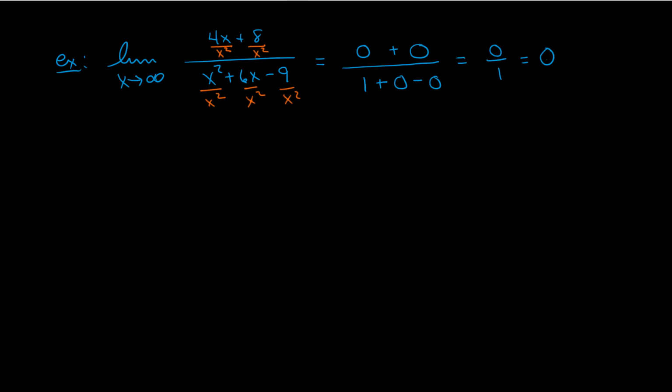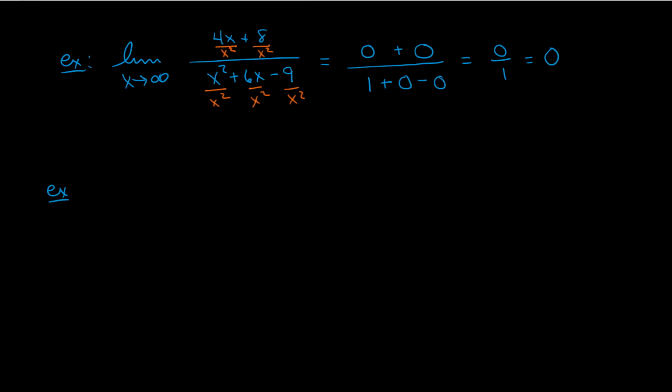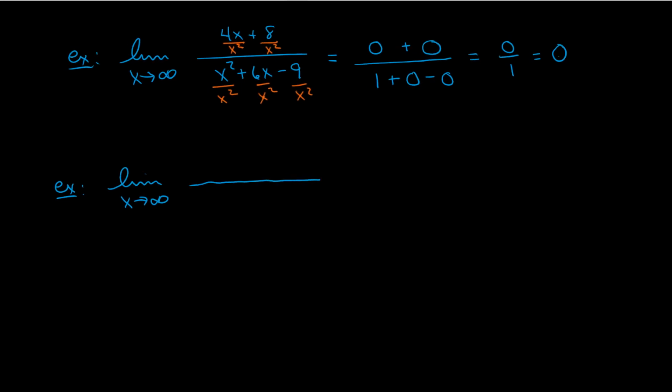There's a third scenario that can play out. This is a limit as x goes to infinity, and let's say we have something like x cubed minus 11 over 5x squared plus 6x minus 3.